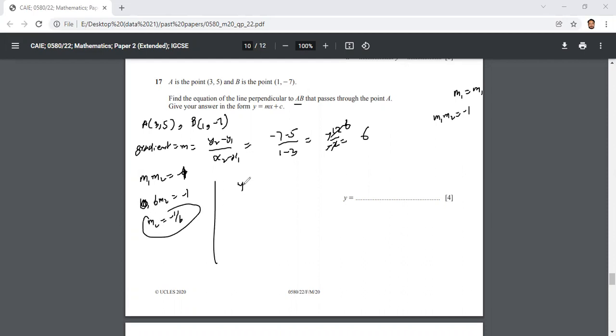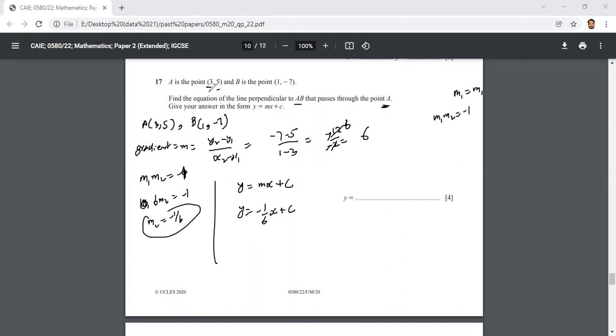Now your equation is what? y is equal to mx plus c, and the gradient is minus 1 over 6, so y equals minus 1 over 6 x plus c. How to find the y-intercept? That point is always along the y-axis, but here we can use point A, because they mentioned the line passes through the point A. At point A we have (3, 5).